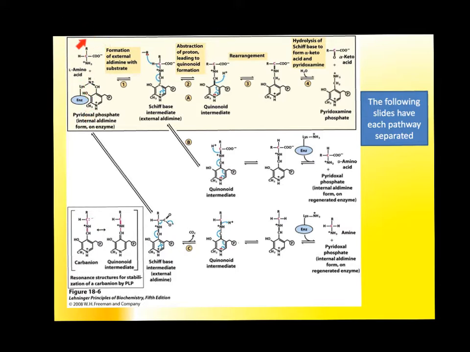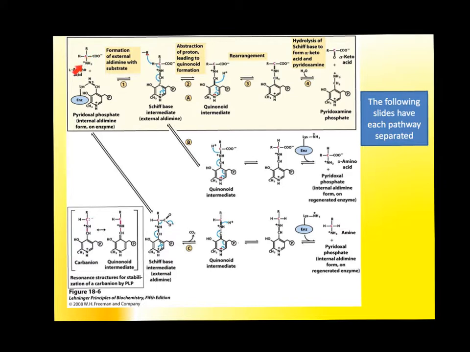But this is the amino group that's coming in. The enzyme itself originally had a lysine, and the lysine has a nitrogen on the end of it, and it binds to the pyridoxal phosphate. It's actually the pyridoxal phosphate that does the chemistry, and not the enzyme directly. So the enzyme just is holding it all into place.